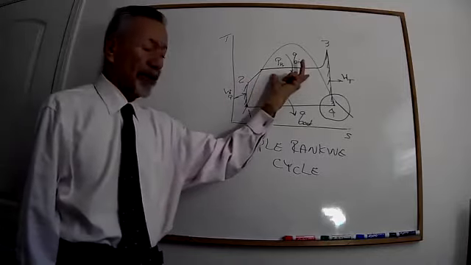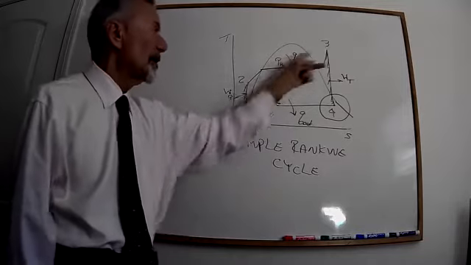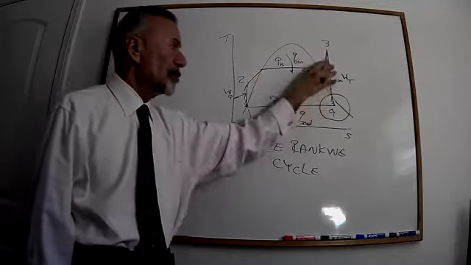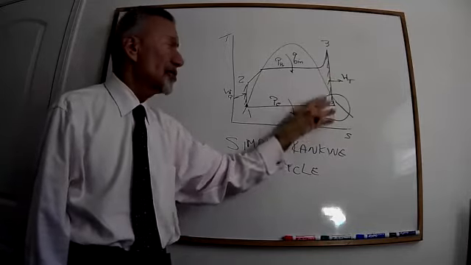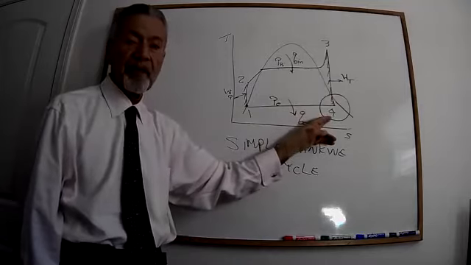For the boiler, which is Q in, it's delta H across the boiler, H3 minus H2. And of course, work of a turbine is delta H across the turbine, which is H3 minus H4.